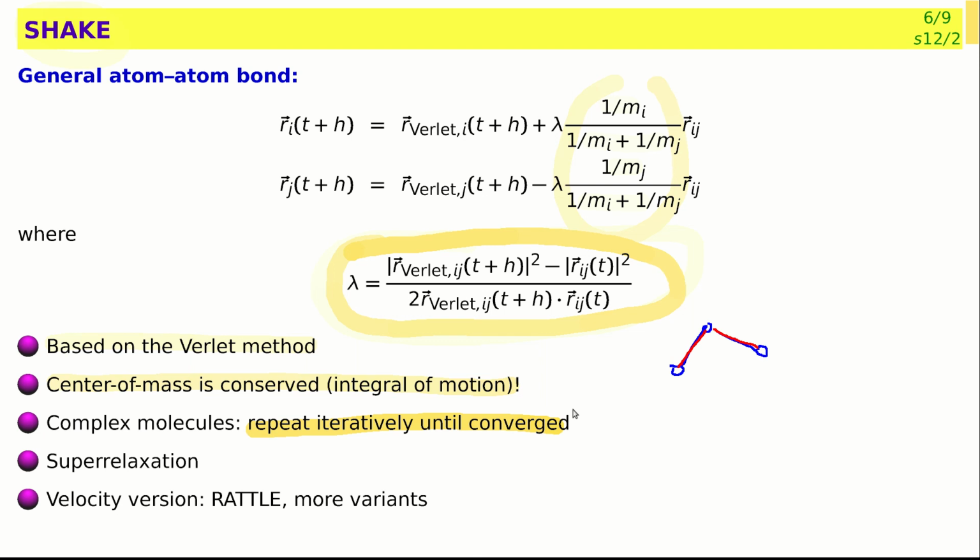So if we have fixed bonds with hydrogen, this works fine. There are tricks how to speed up the convergence, and there are versions. You know that there are several versions of the Verlet method, like leapfrog or velocity Verlet, and here we have also more versions, but of course this is not terribly important.